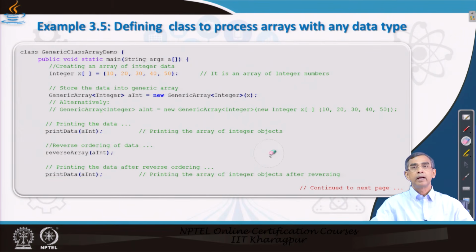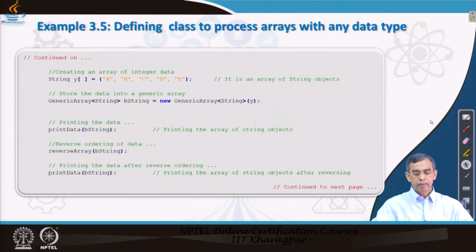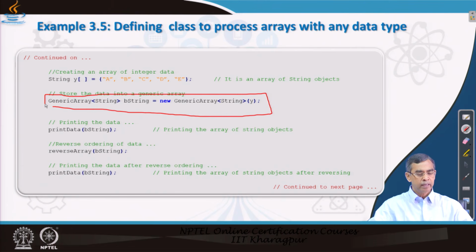for an integer array. Now, we can repeat the same program, but for other types of array. For example, let us see how the same program works for string. So, this again runs the program, but for another type of array called string. Here the string array is declared.